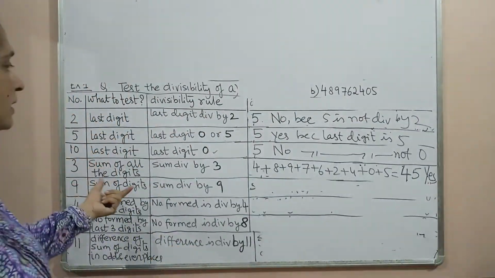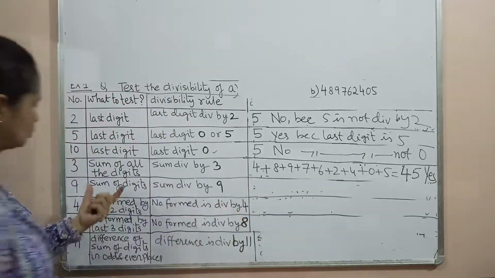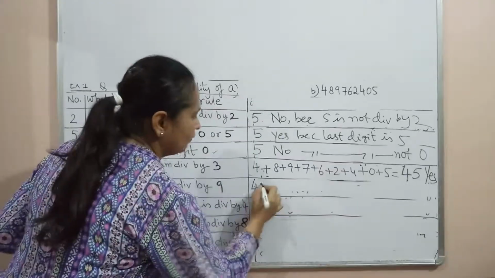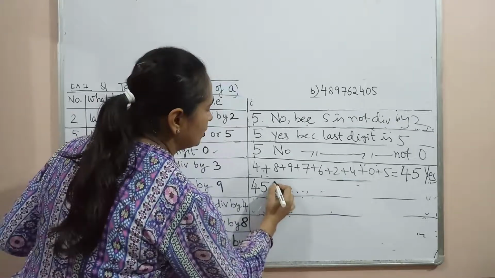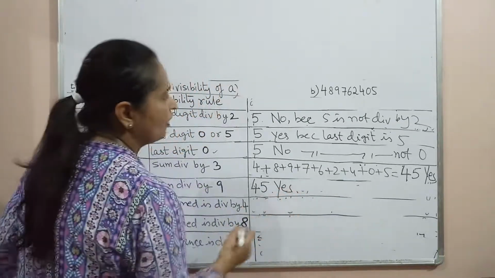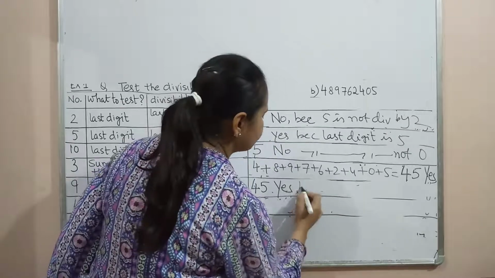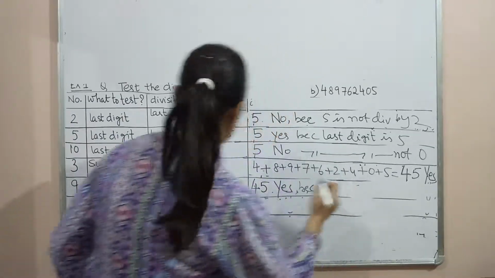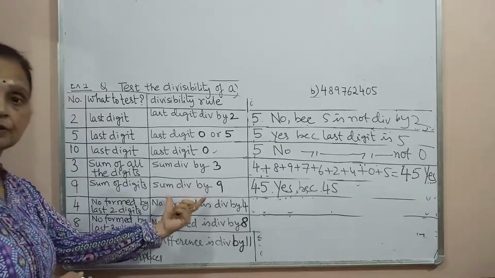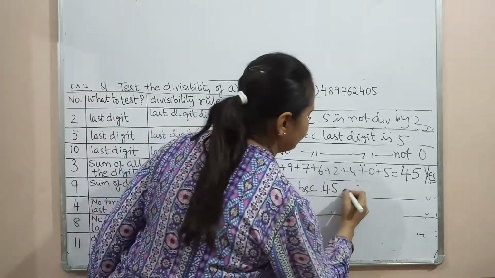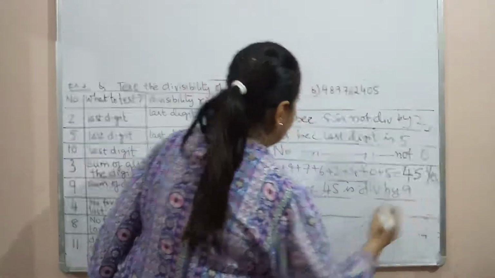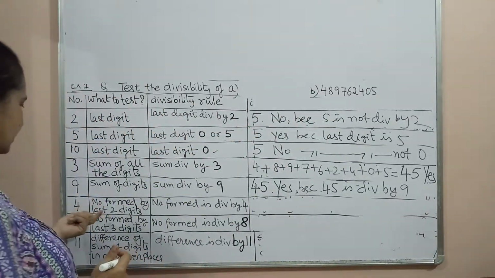Now again what do we have to check? We have to check the sum of the digits. Again it is 45. Therefore it is yes. Why is it yes? Because 45, what do we check? Sum is divisible by 9. Yes, 45 is, because 45 is divisible by 9.